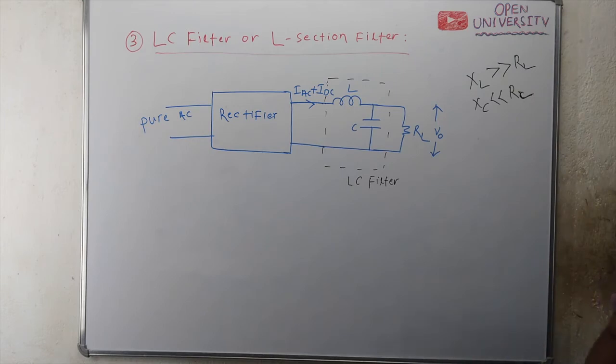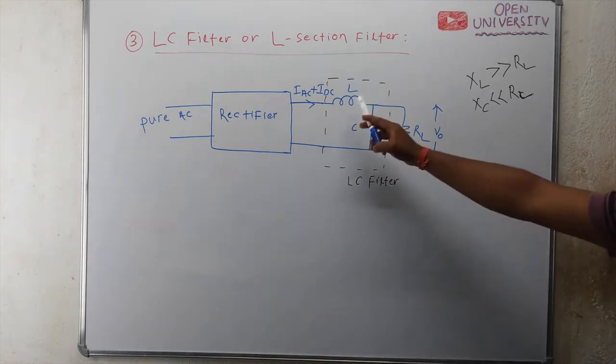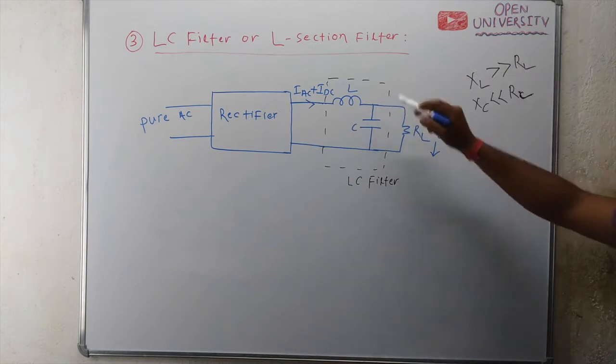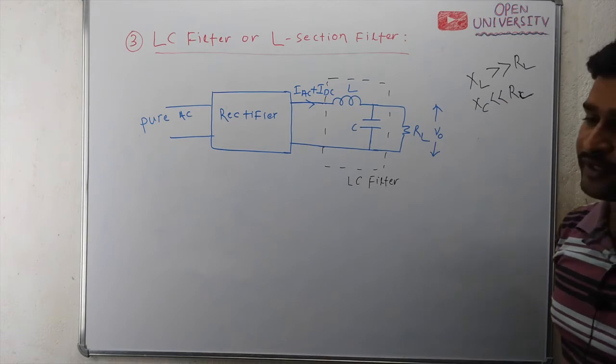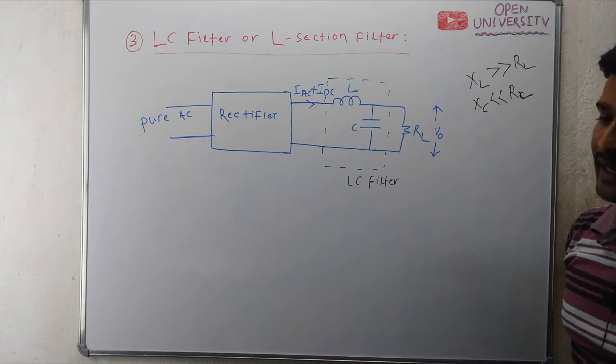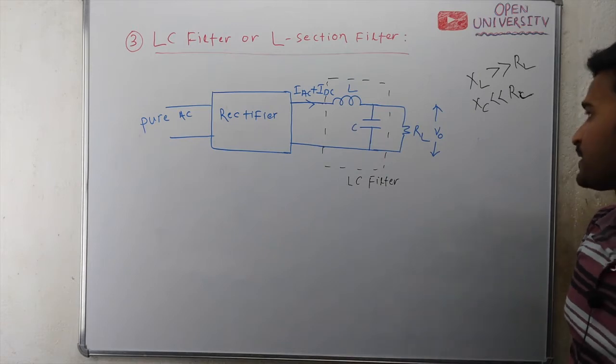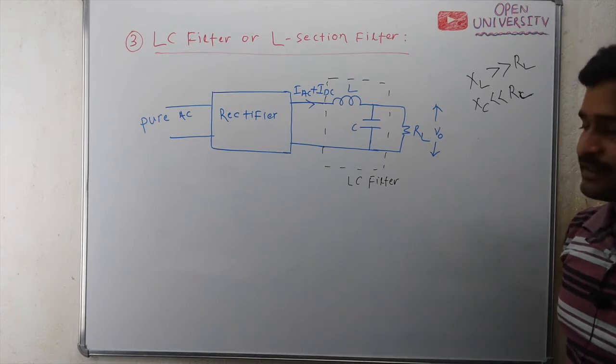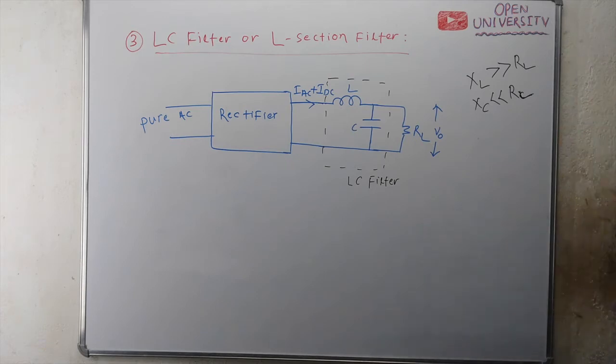Write down this point. Inductor will block or reduce the AC component by offering high reactance, because L is a larger value.